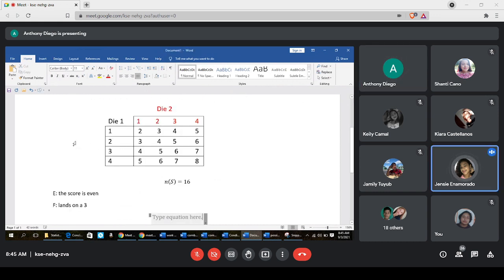Would it be like P(E) times P(F)? Okay. Probability of E given that F has occurred.